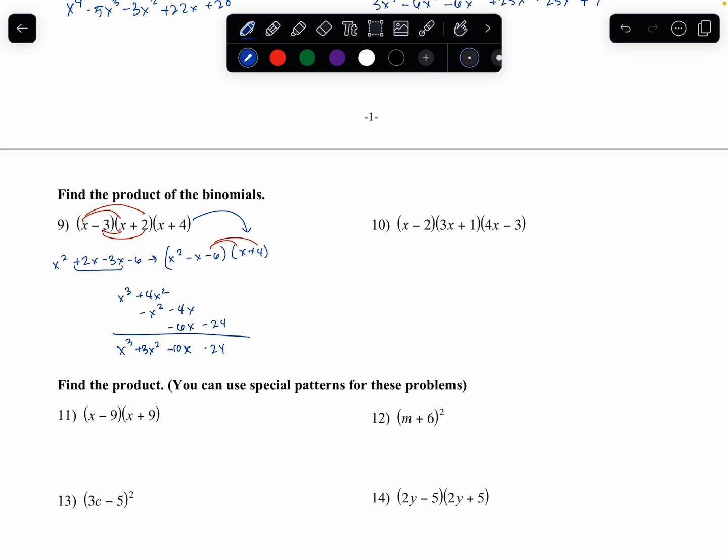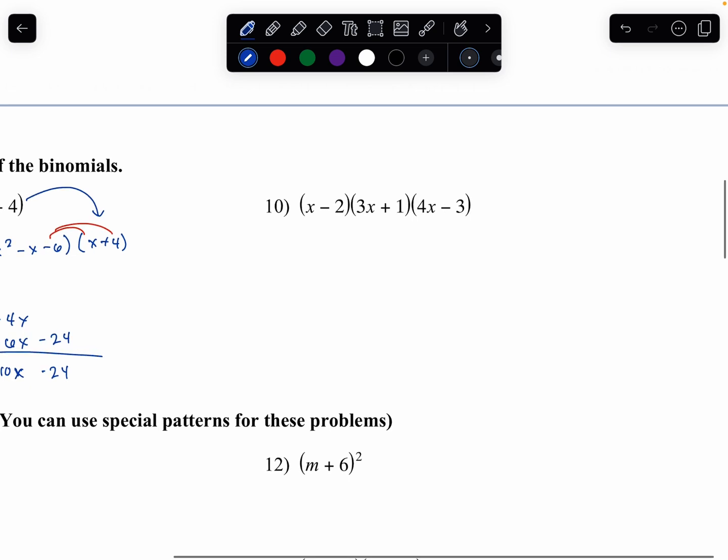Let's try 10. So for 10, we're going to do the same process. I'm going to start with just 2 right here. So that's going to be equal to 3x squared plus x. Okay, and then moving on, that's going to be minus 6x, and then that's going to be minus 2.